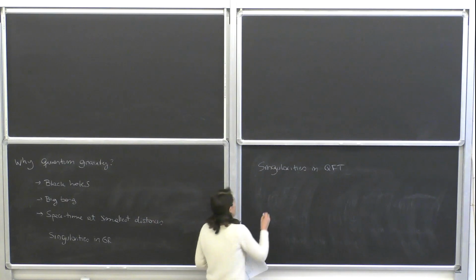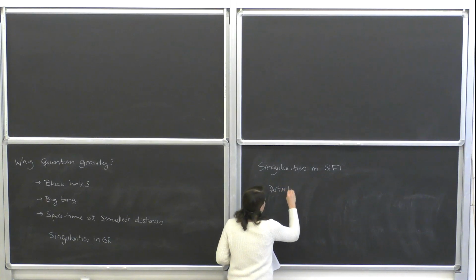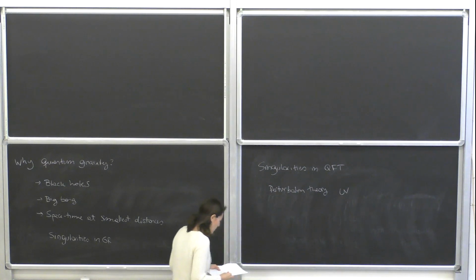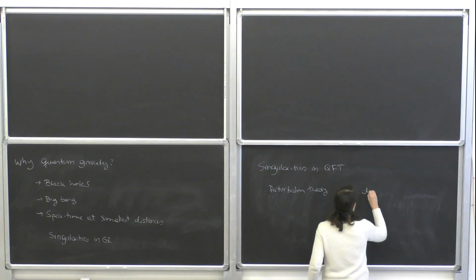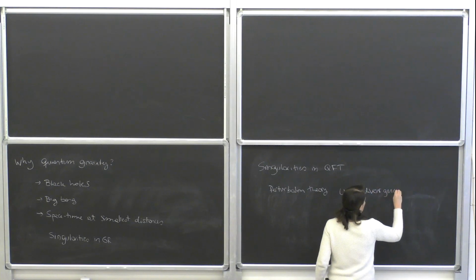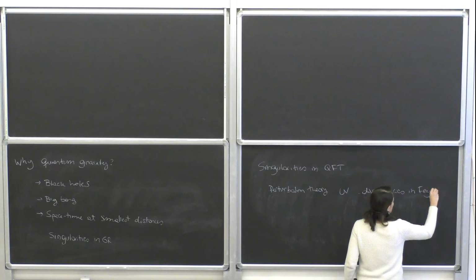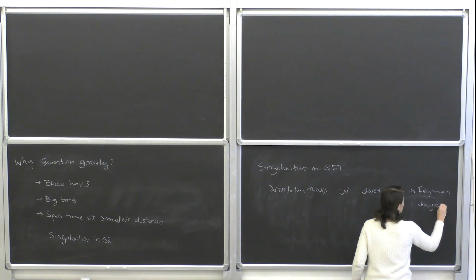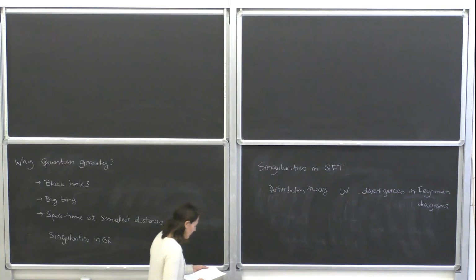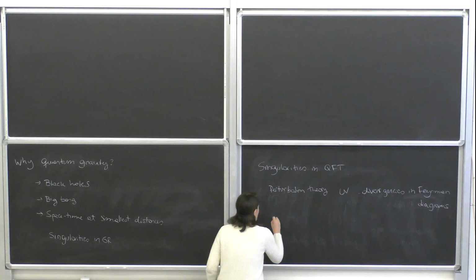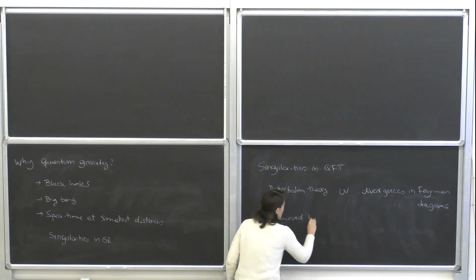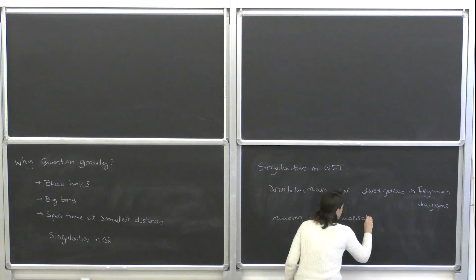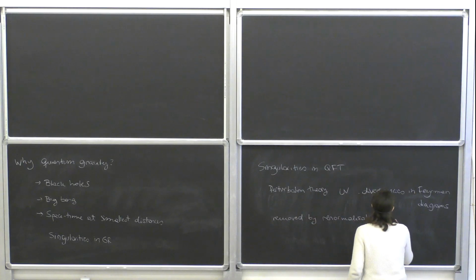When you do perturbation theory and you go to the UV, you get a lot of infinities, divergences in the Feynman diagrams, that you remove by renormalization. And this is something that you do order by order.